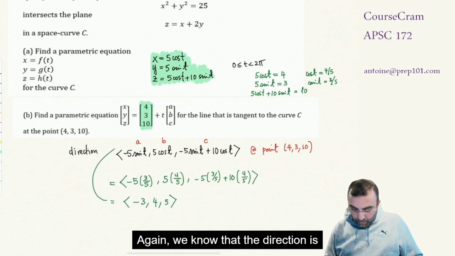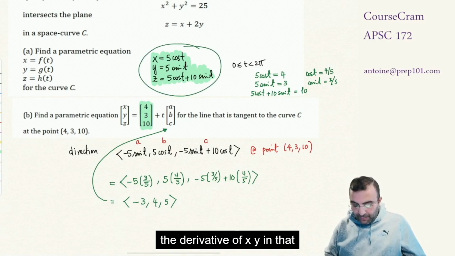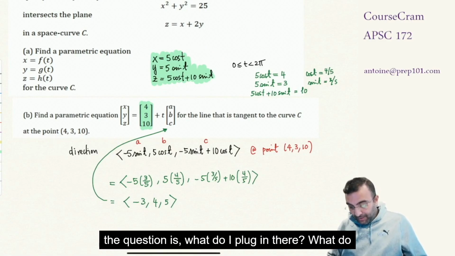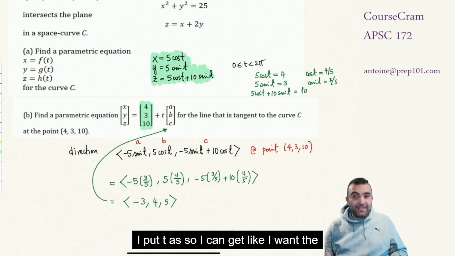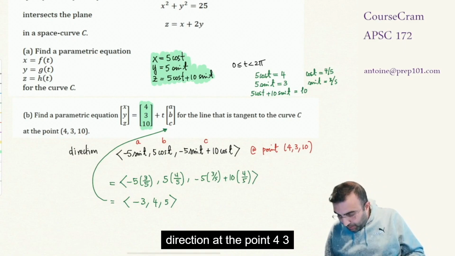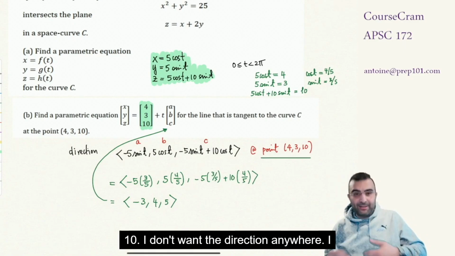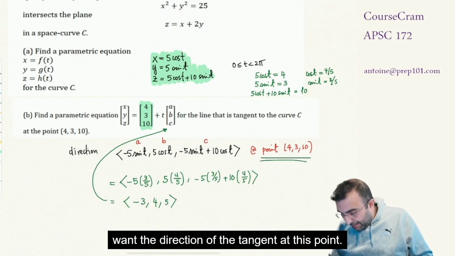Again, we know that the direction is the derivative of x, y, and z. The question is, what do I plug in there? What do I put t as? I want the direction at the point 4, 3, 10. I don't want the direction anywhere. I want the direction of the tangent at this point.